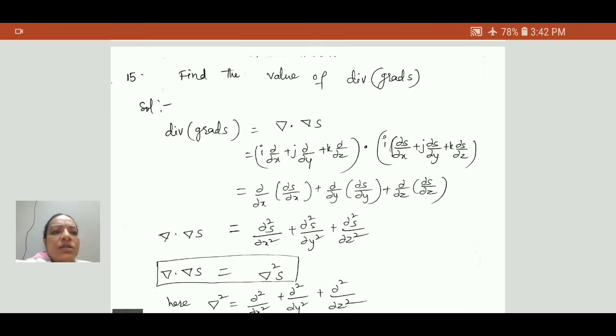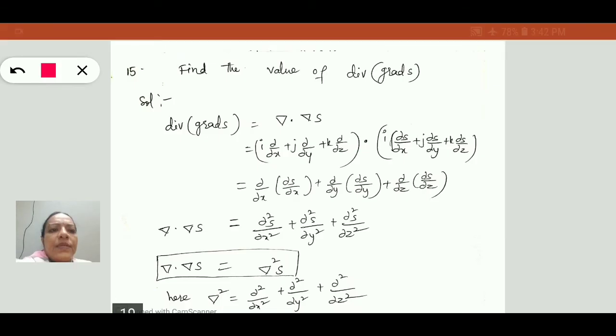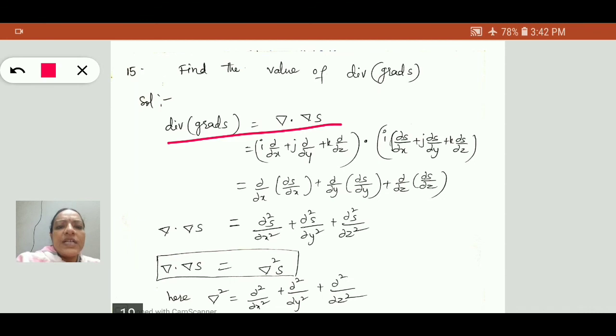That is the divergence of gradient S. Simply apply the formulas: what is divergence, what is the gradient symbol. Just substitute and follow the process step by step, and you get the answer. So that is del dot del S, where del is i dou by dou x plus j dou by dou y plus k dou by dou z.